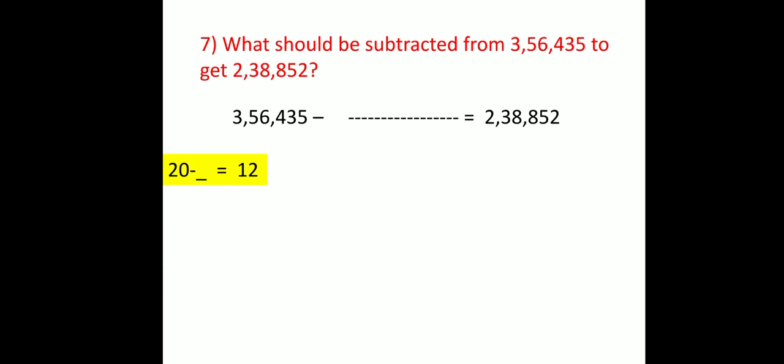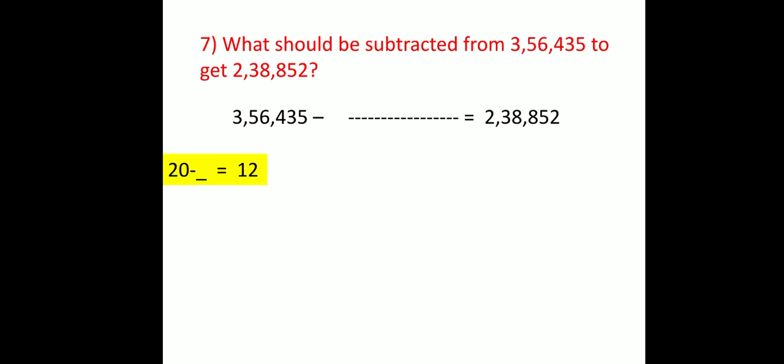See here, 20 minus, which number do you write there to get 12? 20 minus, which number do you subtract from 20 to get 12? Yes, that is 8. If it is a smaller number, it is easy to identify that number. How did you get that 8?